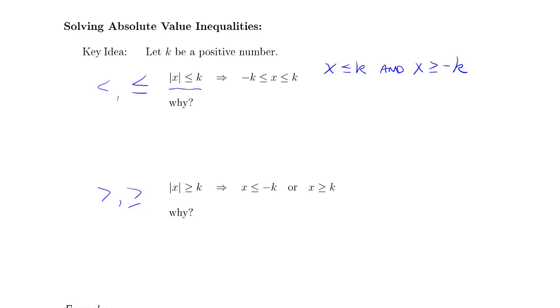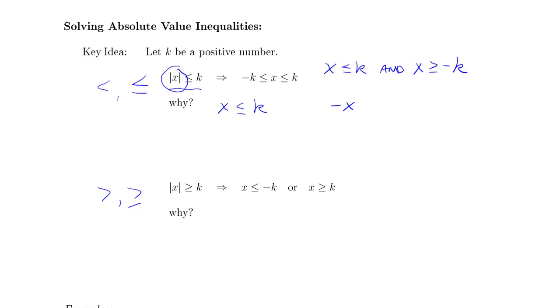Well, think about it. The absolute value of x is one of two things. It can be x, it can be negative x. So if you have the case where the absolute value of x is just x, you get x less than or equal to k.